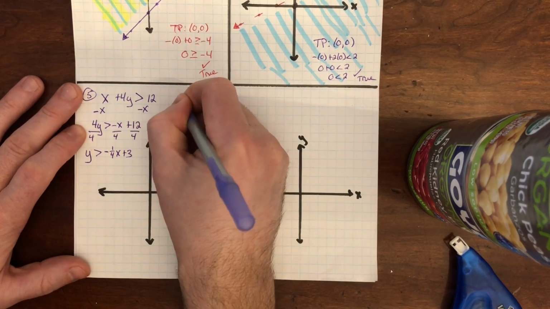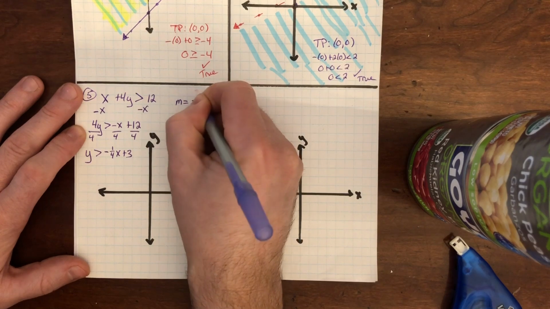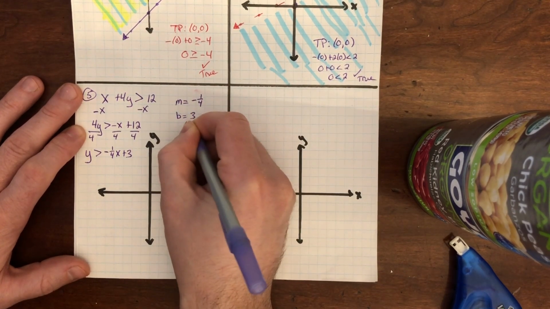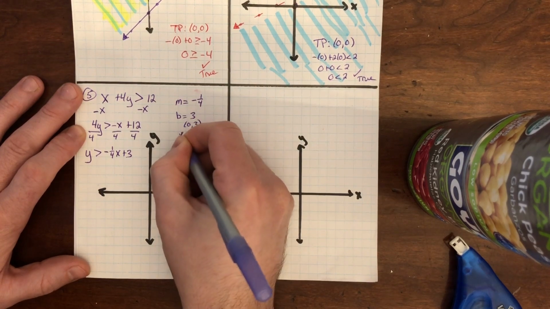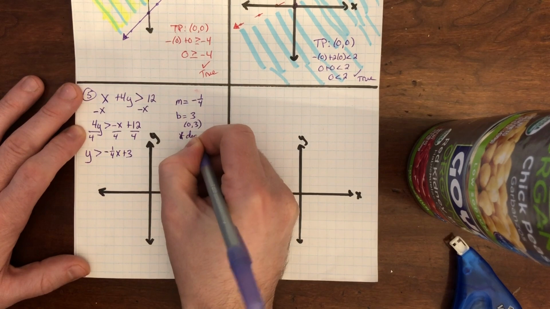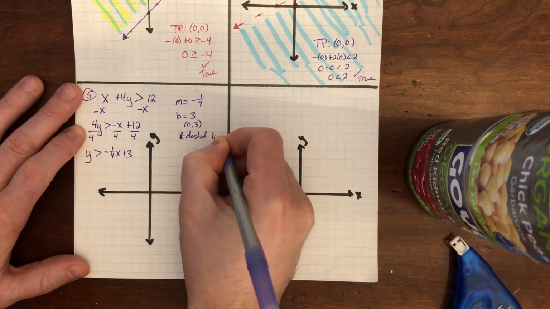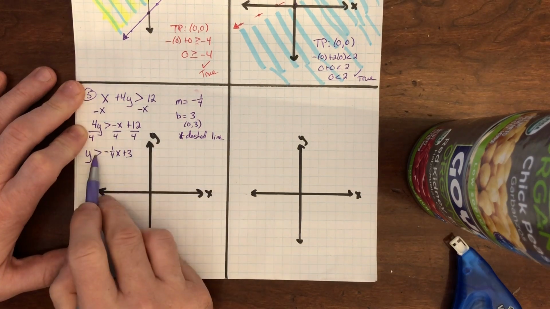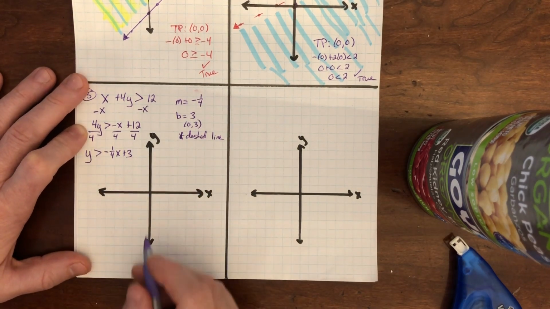Okay, so our slope is negative 1/4. Our y-intercept is 3. And we know this is just a greater than, so this is going to be a dashed line. We can tell all that just from the inequality and the information we gathered.